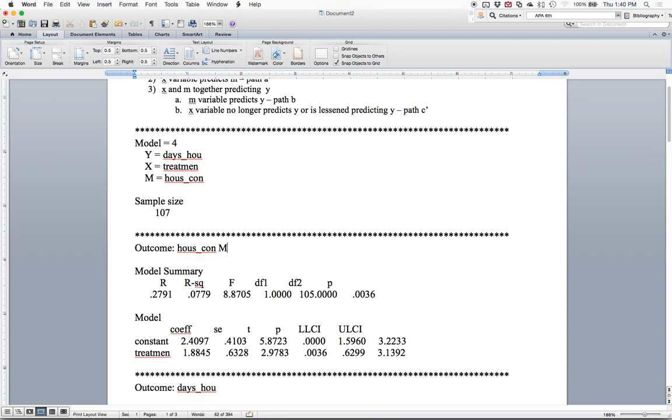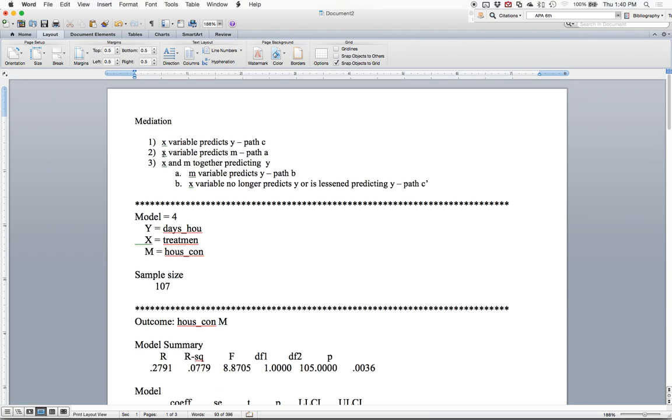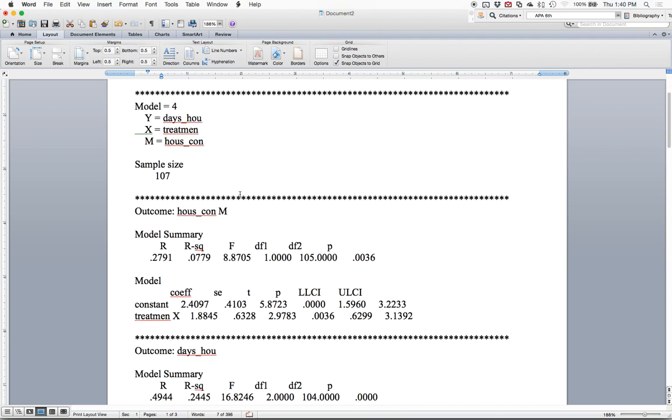So housing contacts is actually m, and then the one variable down here where it says treatment is x. So this is x predicting m. And so that is actually number 2 here, x predicting m. So if you can't figure out what pathway you're trying to talk about, go in and label them as x, m, and y, and then match it to the step.